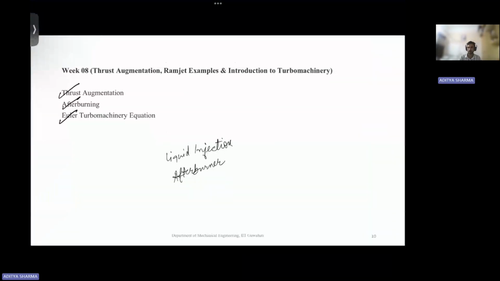Then you have Euler's turbomachinery equation. So what is Euler's turbomachinery equation?